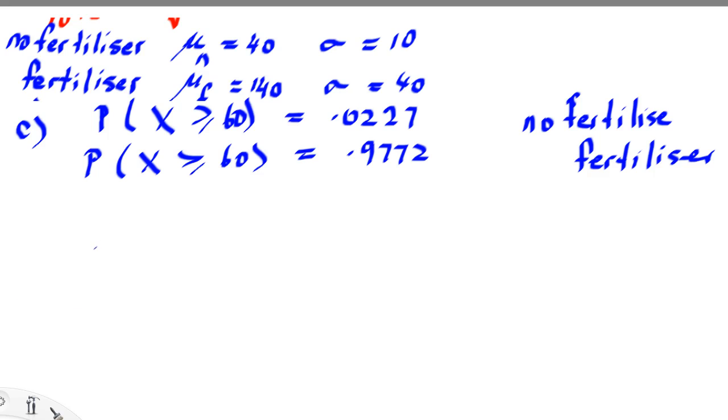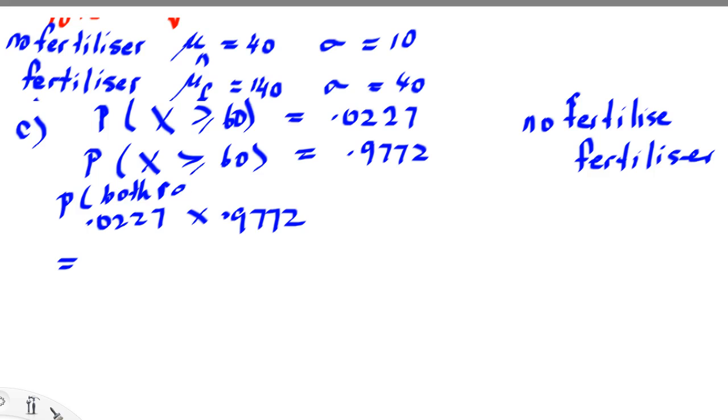So it's 0.0227 times 0.9772. So this is the probability both radishes are greater than 60.